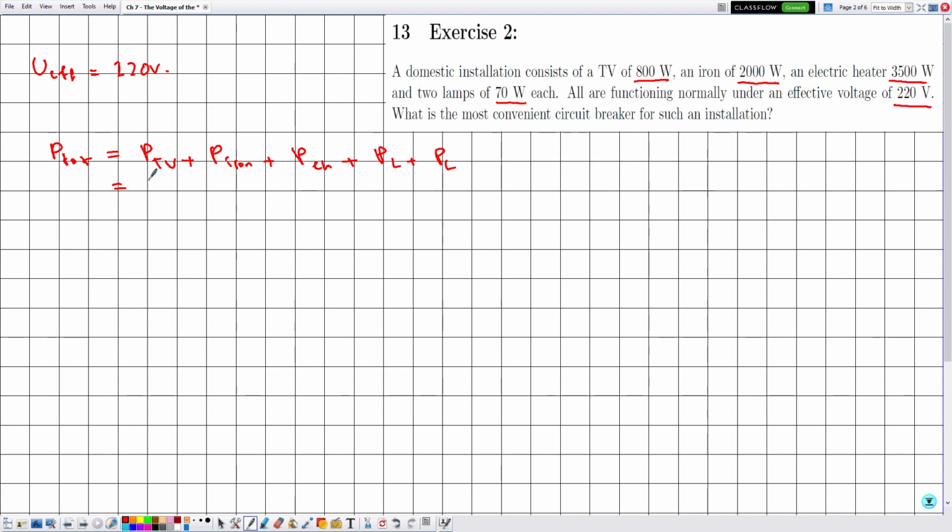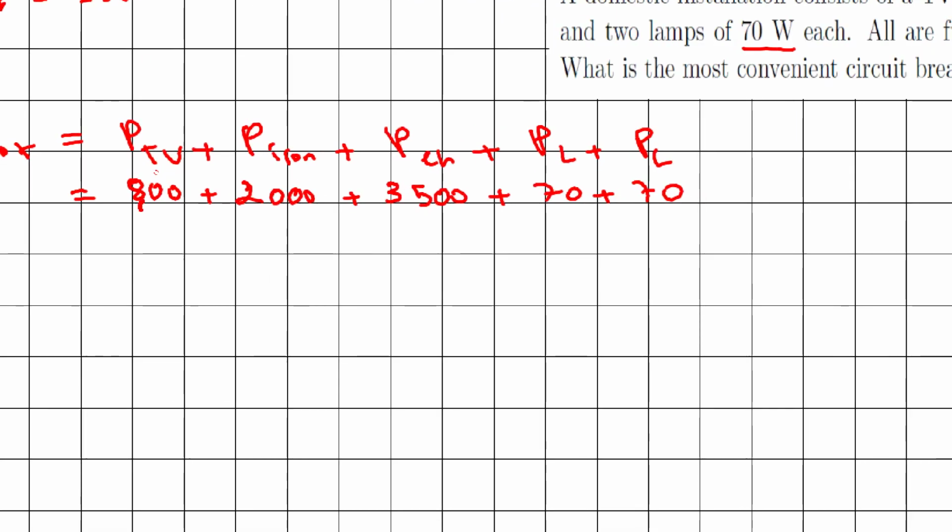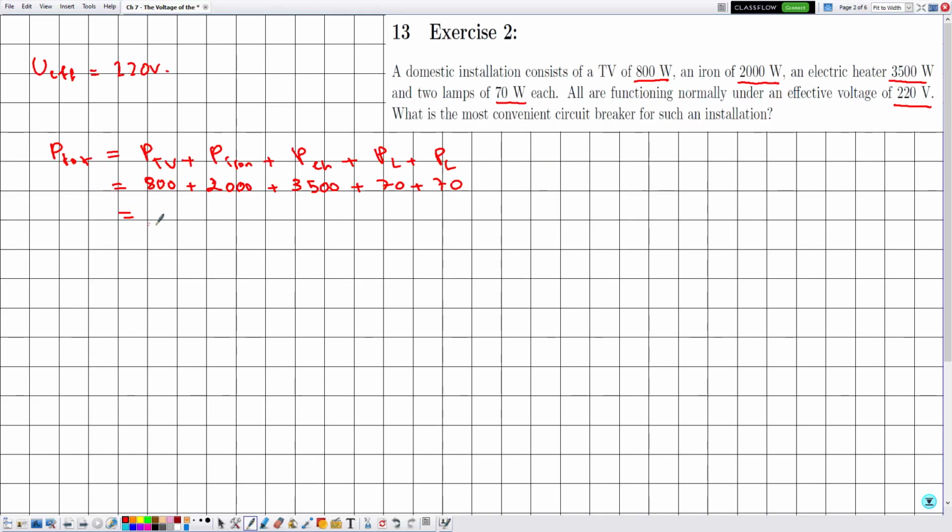The power of the TV is given by 800, the power of the iron is given by 2000, the power of the electric heater is given by 3500, and the power of each lamp is given by 70. Notice that all of these are expressed in watts. So the final answer, which is the sum, is given by 4180 watts. Then the total power consumed by this installation is given by 4180 watts.